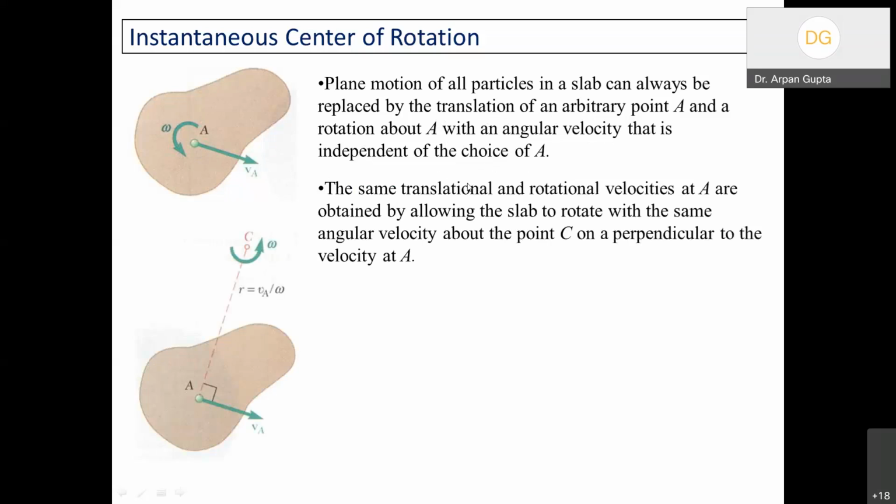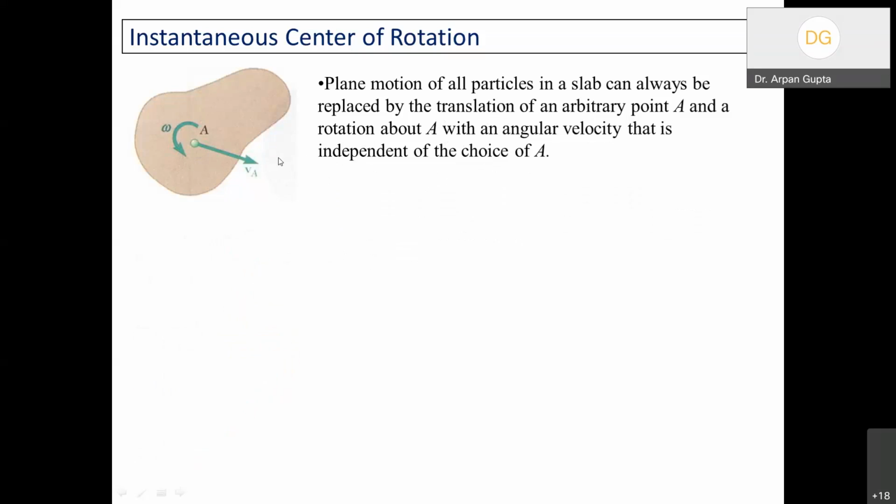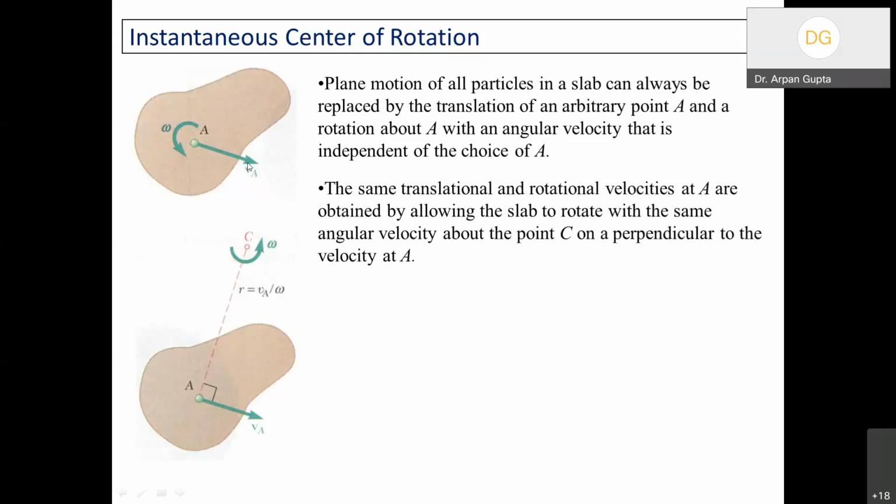Now, with the same velocity, I can model the system as this whole body rotating about a point, let's call it C, and it is rotating about this point C with the same angular velocity omega at that particular instant.